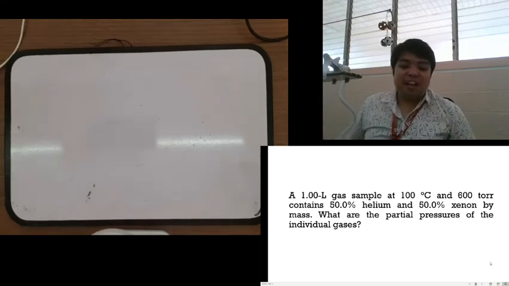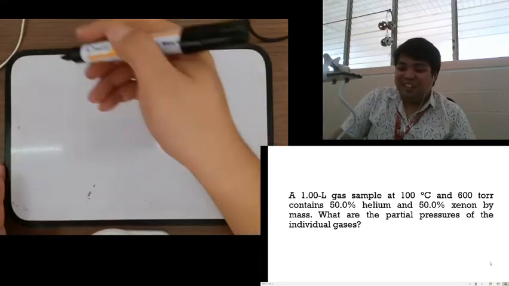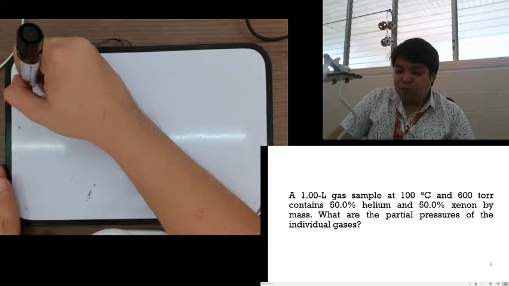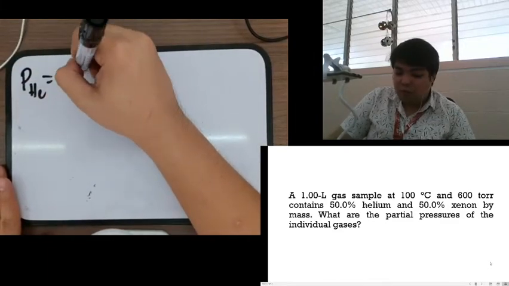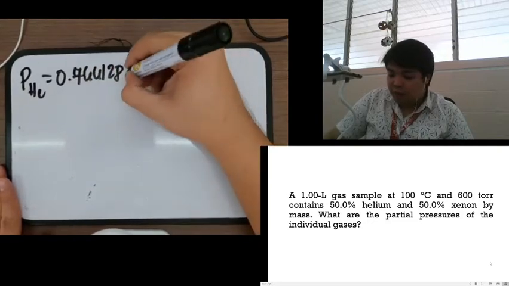So guys, again, I'm back. I plugged it into my calculator. Joke. So, the partial pressure of helium is equal to 0.766128 atmosphere.